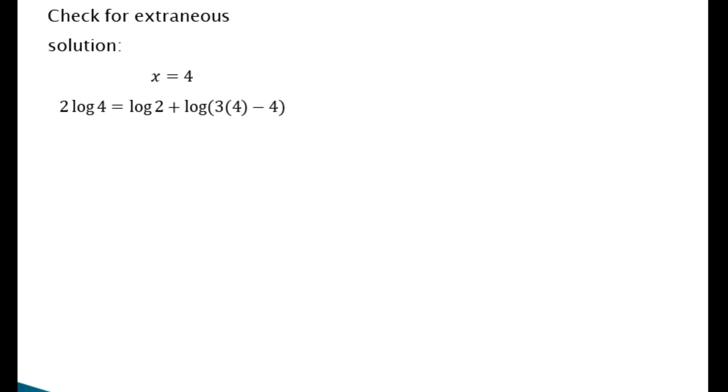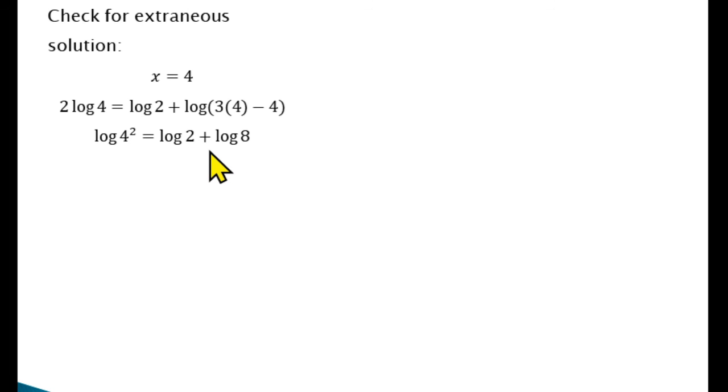Performing our operation, 3 times 4 is 12, minus 4 is 8, so you have the logarithm of 8. Applying our third law of logarithm, the numerical coefficient becomes the exponent, so you have the logarithm of 4 squared equals the logarithm of 2 plus the logarithm of 8.